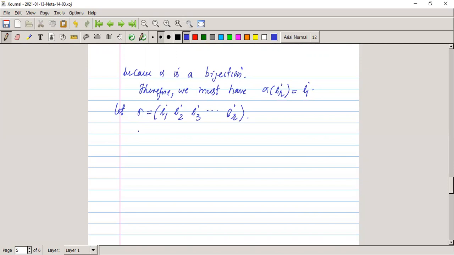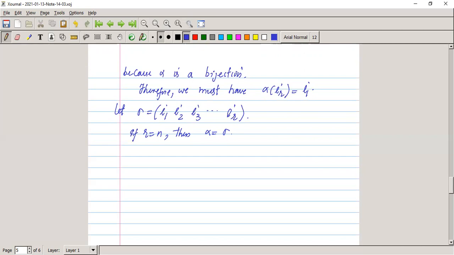Now, sigma is this R cycle. If R happens to be equal to n, then the chosen permutation alpha is equal to sigma. So in this case, alpha is a single cycle.